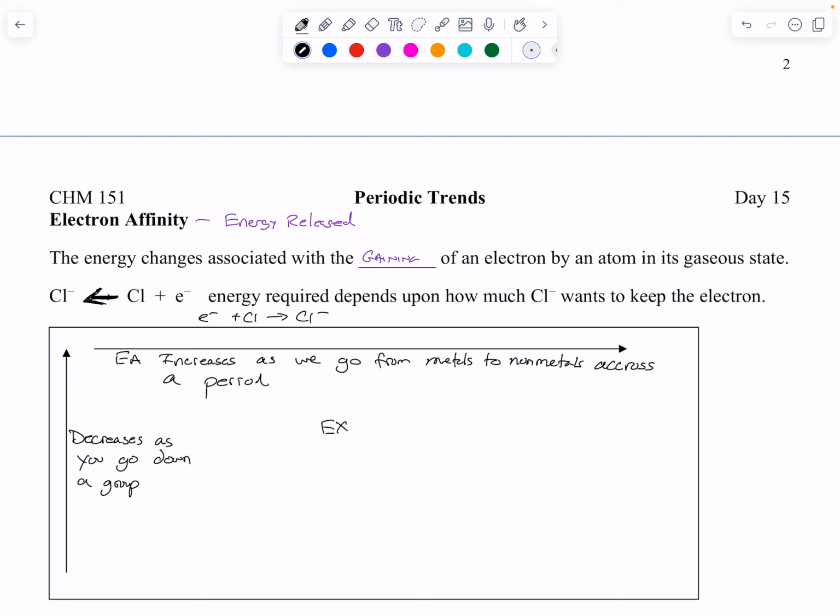Example, oxygen. O gas plus an electron going to O minus gas. EA1 is positive 141 kilojoules per mole. That looks like oxygen does not want to get an electron. However, once O has an electron, the second EA, EA2, is negative 744.